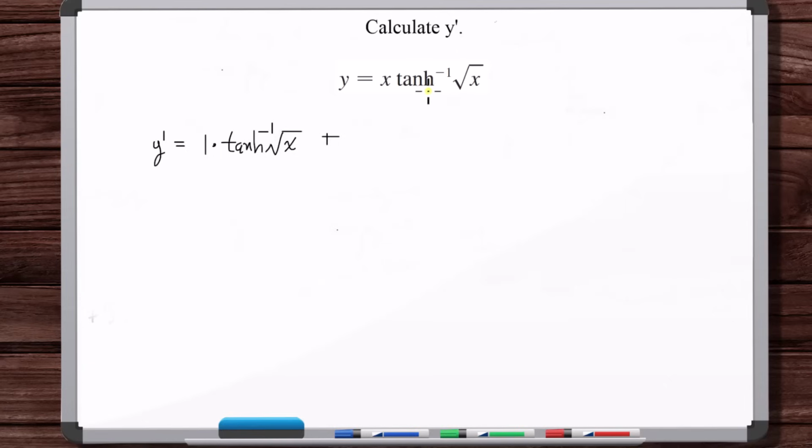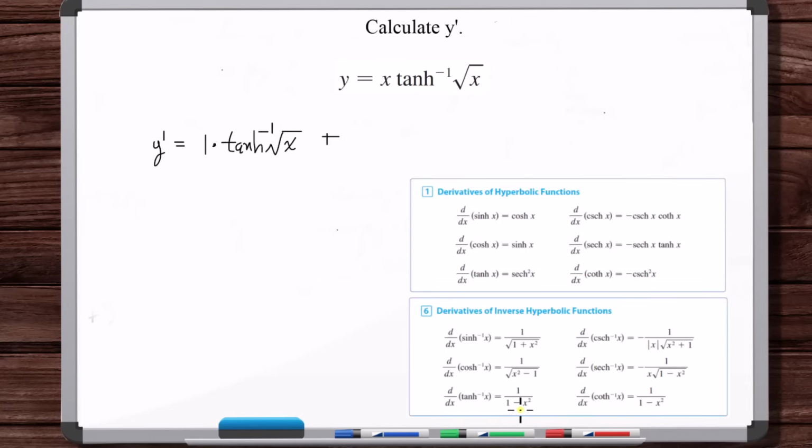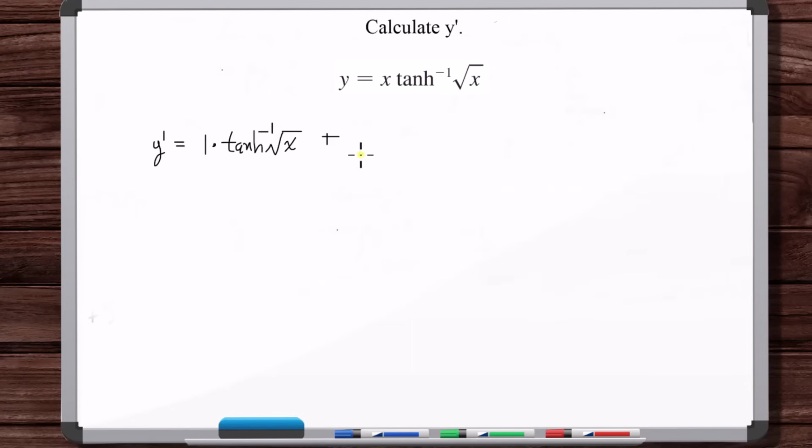What is the derivative of the inverse hyperbolic tangent of something? 1 over 1 minus that something squared, times the derivative of that something. What is the derivative of the square root of x? That's 1 over 2 root x. Okay, derivative of the first times the second plus derivative of the second times the first.